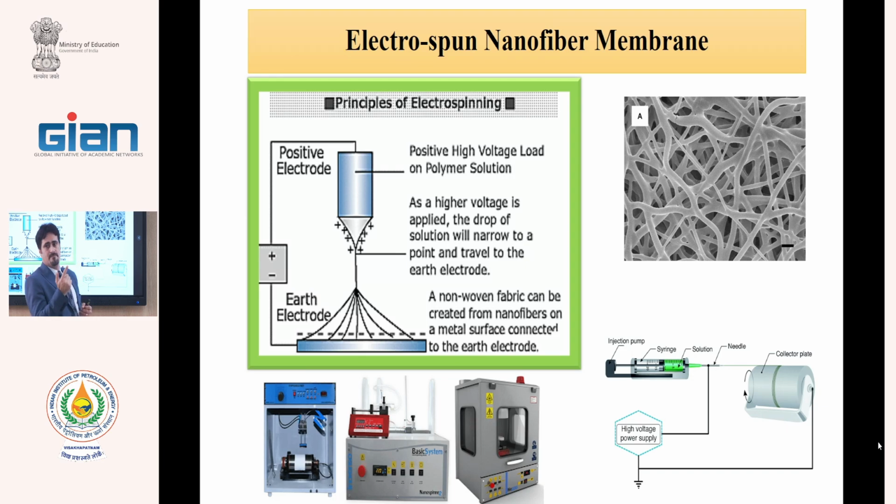For this reason, for reducing the fiber diameter, an electric field is used. That means between the needle and the collector, we induce a very high voltage electrical field.